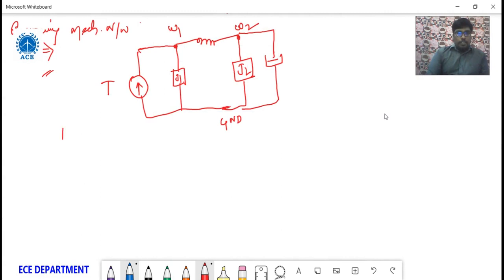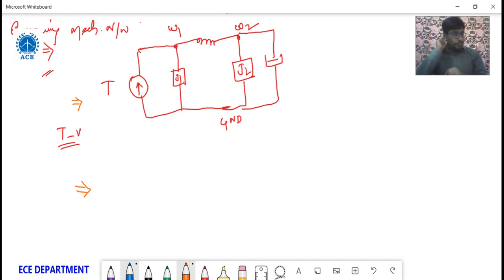TV analogy, TV conversion. Okay, so let us see the TV conversion. Now what I said, from this side only I am starting. Whatever the elements, we need to convert the elements of the rotational mechanical system to the electrical system, and parallel become series, series become parallel for the torque voltage analogy.